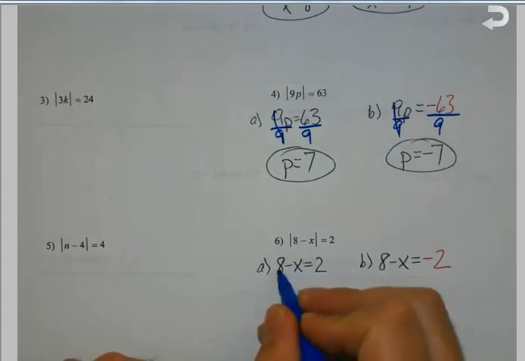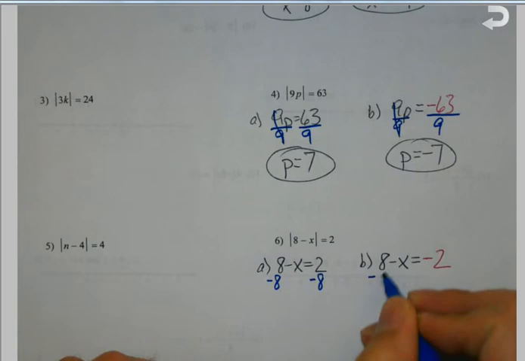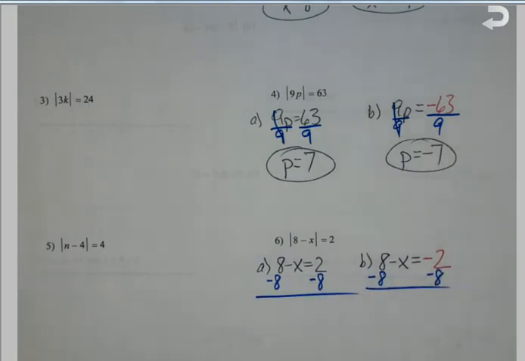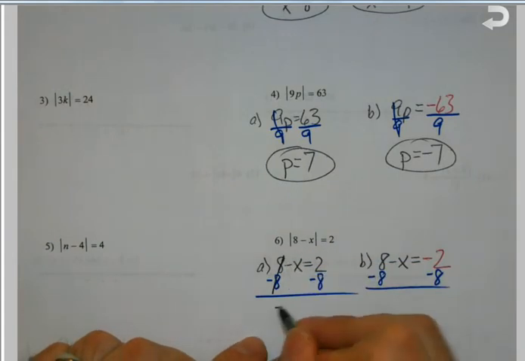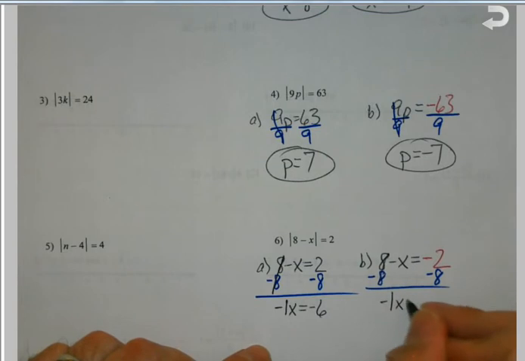I've got to undo the positive 8, so I'd minus 8. But there's still a negative in front of my x. And that's something I'm going to have to deal with.